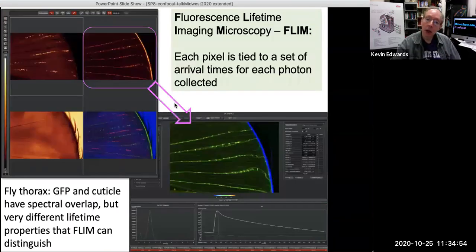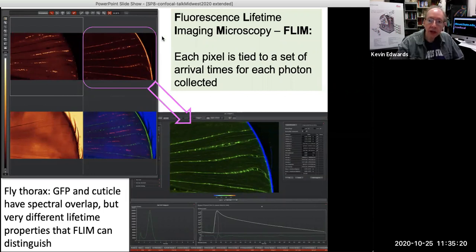All right, so that is what it looks like in plants, where you have lots of autofluorescence, but almost every organism will have some type of autofluorescence. So here's a fly example, a Drosophila example. This is the thorax of a fruit fly right here. And we have GFP expressing in some of the muscles.